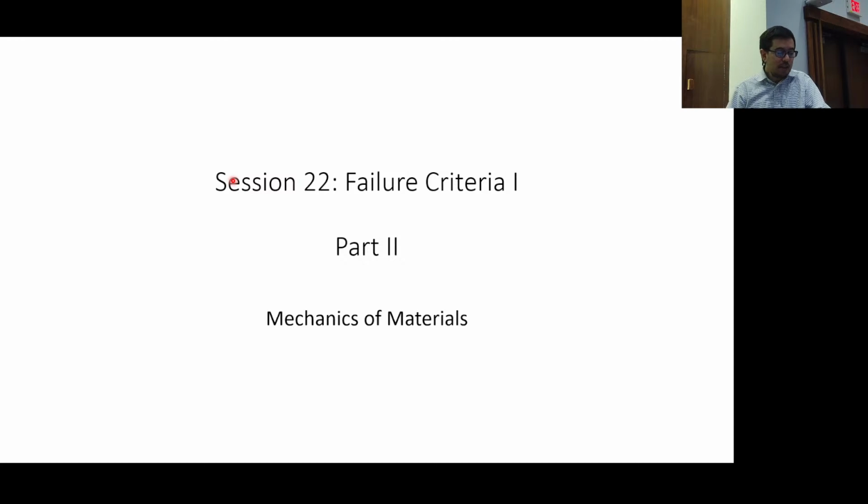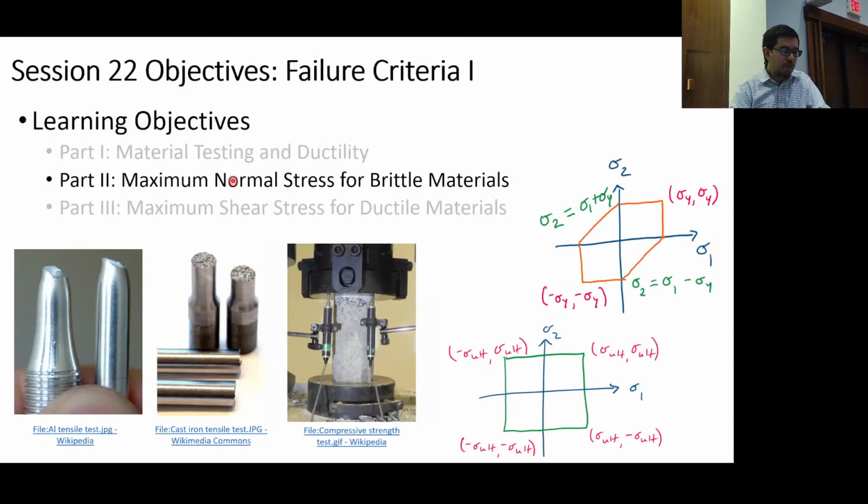Okay, let's talk about the brittle materials and their failure criterion here. Okay, so we're talking about maximum normal stresses, and you're going to see these types of plots, and they'll make more sense in a few. Well, this one will make more sense today, this one will make more sense in a little bit.